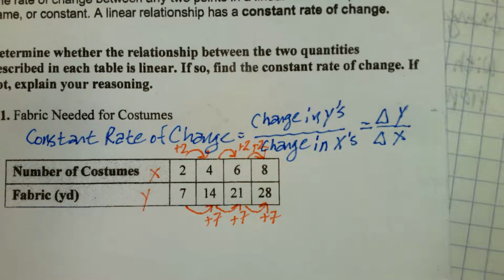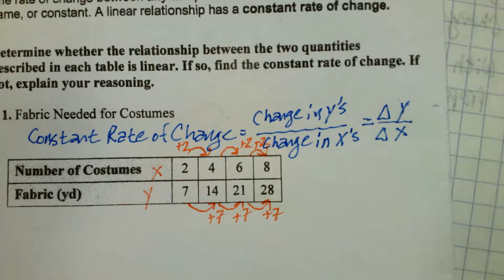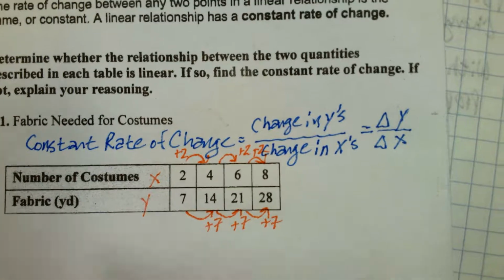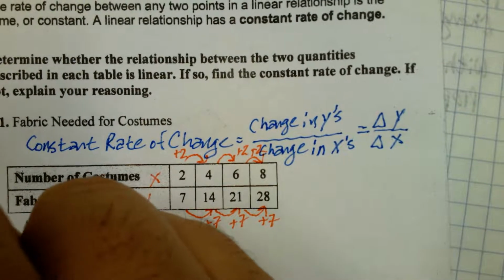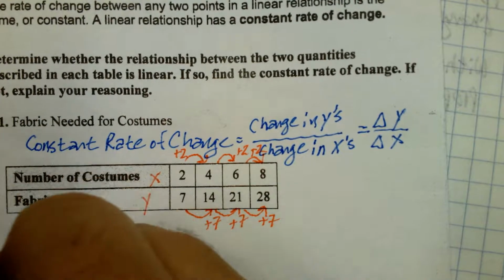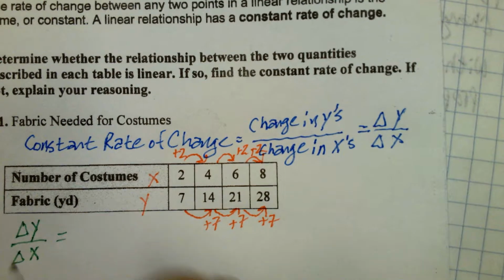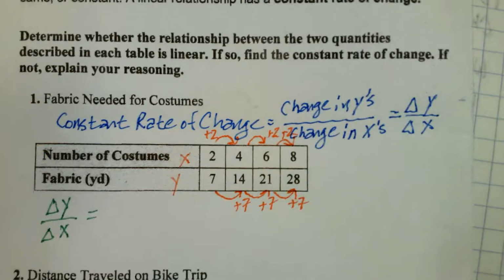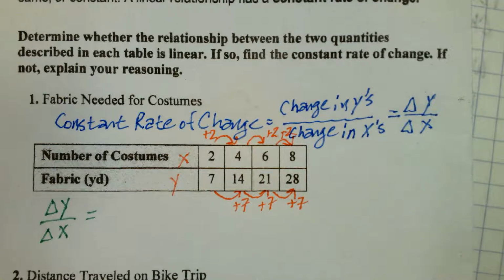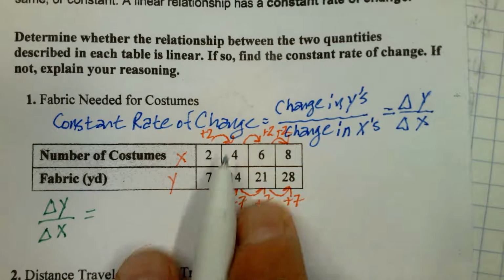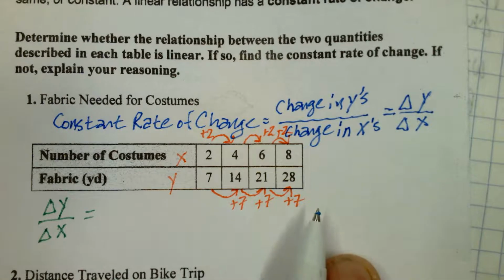So the change was always the same. Let's look at our change in y over our change in x. Every time it was what over what? 7 over 2. The change was always by 7 for y.